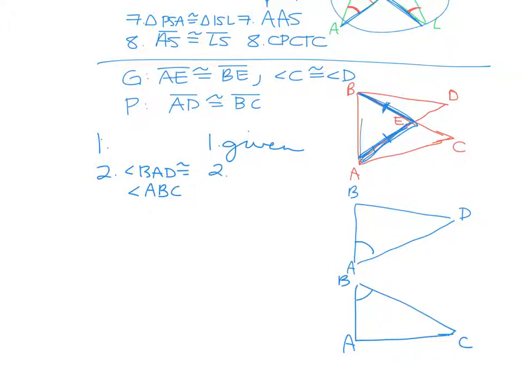This is an isosceles triangle. So that is the isosceles triangle theorem. Don't pack up. I'm not done. Third thing we can say is that AB is reflexive. So AB congruent to AB. That's reflexive.